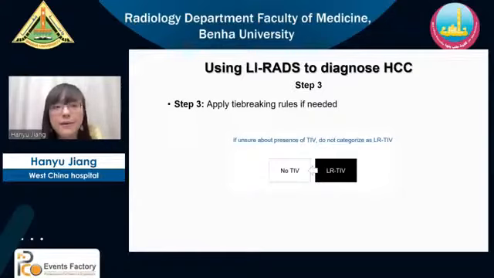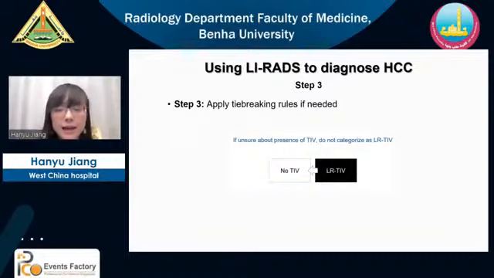The second step is to optionally apply the ancillary features and adjust the category assignment. The third step is to apply the tie-breaking rules if needed. There are two major components regarding the third step. The first one is regarding the TIV category, while the second is regarding other categories.